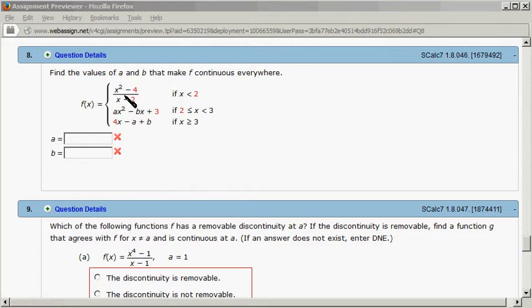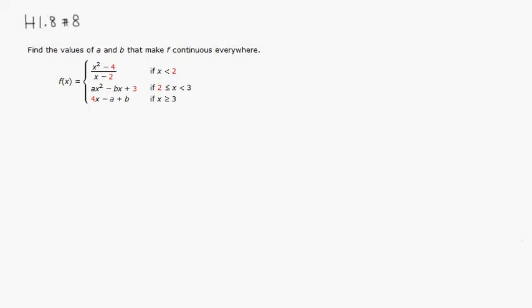So there's no problem by themselves, but we have to make sure that this is continuous at the gap. The gaps would be x equals 2 and also x equals 3. All right, so let's look at that. We need to make sure that the limits agree from the right and left.